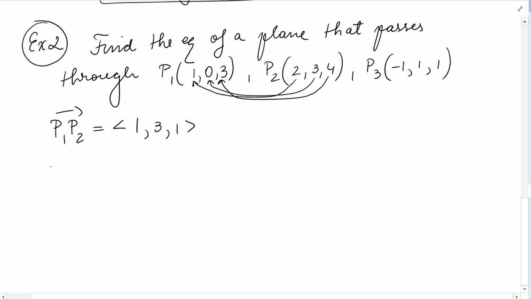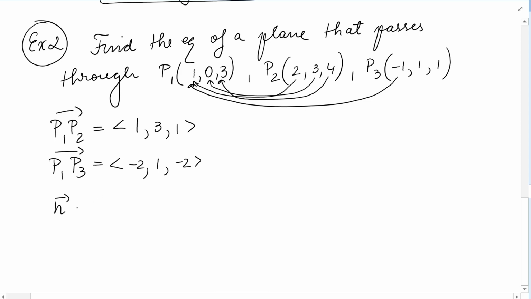And then I'm going to calculate P1P3, which is negative 1 minus 1, so it's negative 2, 1 minus 0, 1, and 1 minus 3, negative 2. And so to find the normal vector to the plane made by P1, P2, P3, I'm going to calculate P1P2 cross product P1P3.